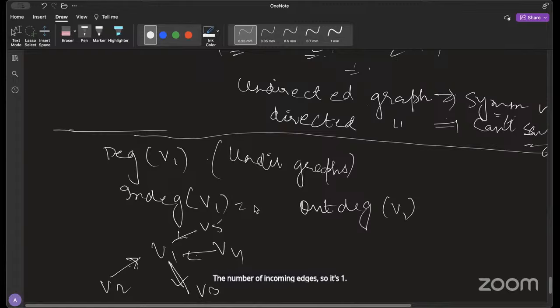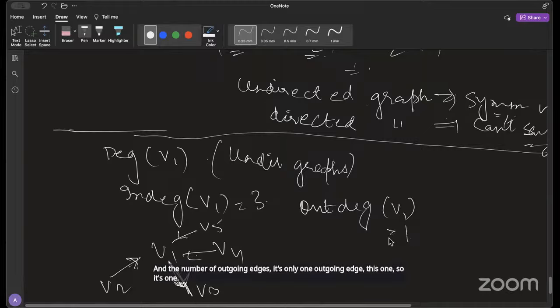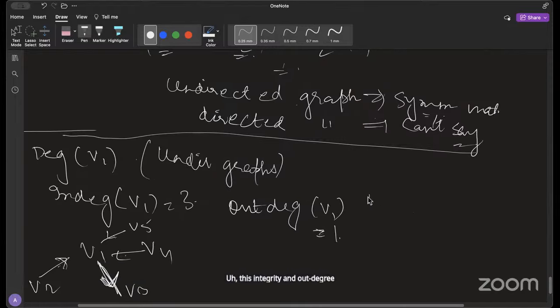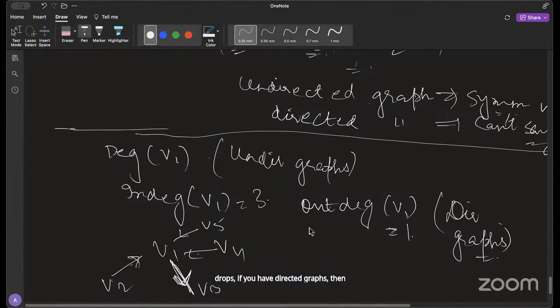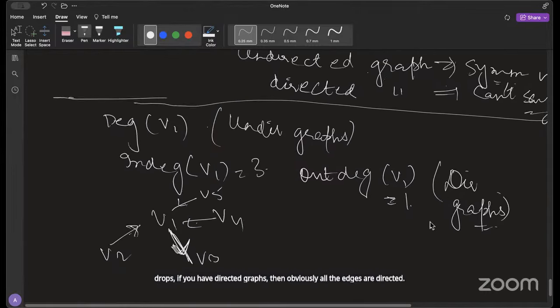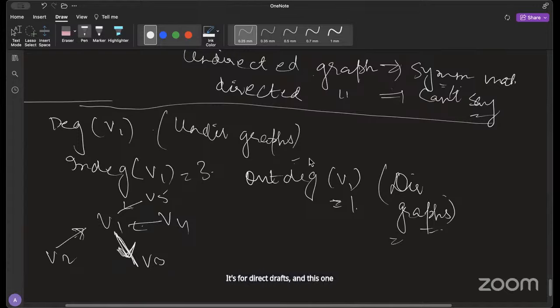So it's 1, 2, and 3. In degree is 3. And the number of outgoing edges is only one, this one, so it's 1. This in degree and out degree is only possible for directed graphs. If you have directed graphs, then obviously all the edges are directed. It's for directed graphs, and the other one is for undirected graphs.